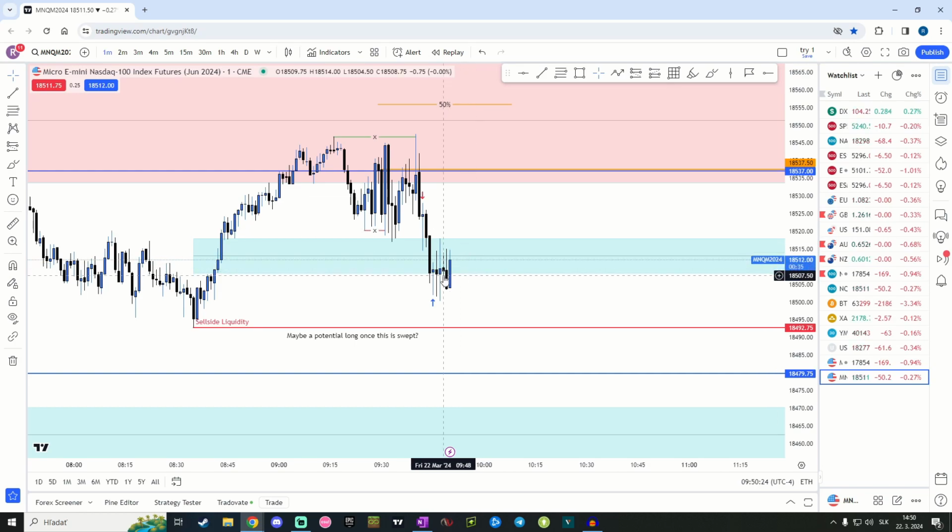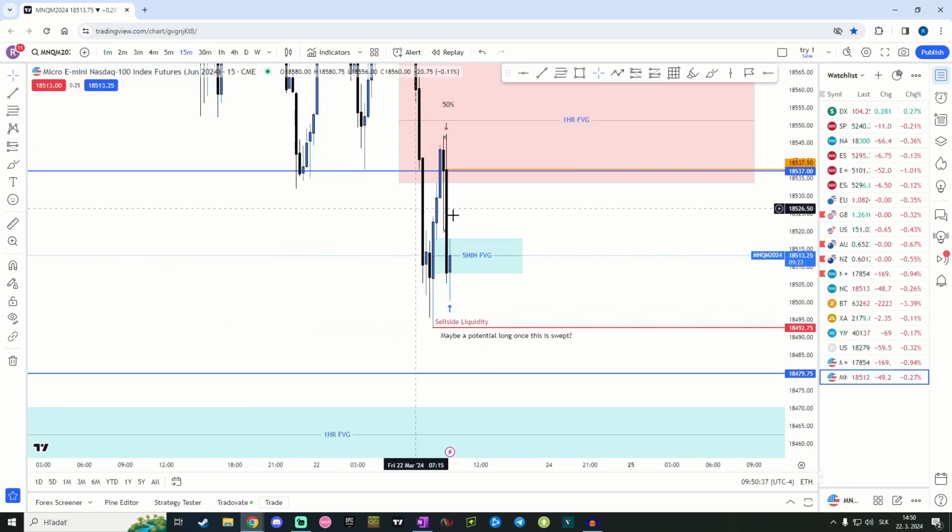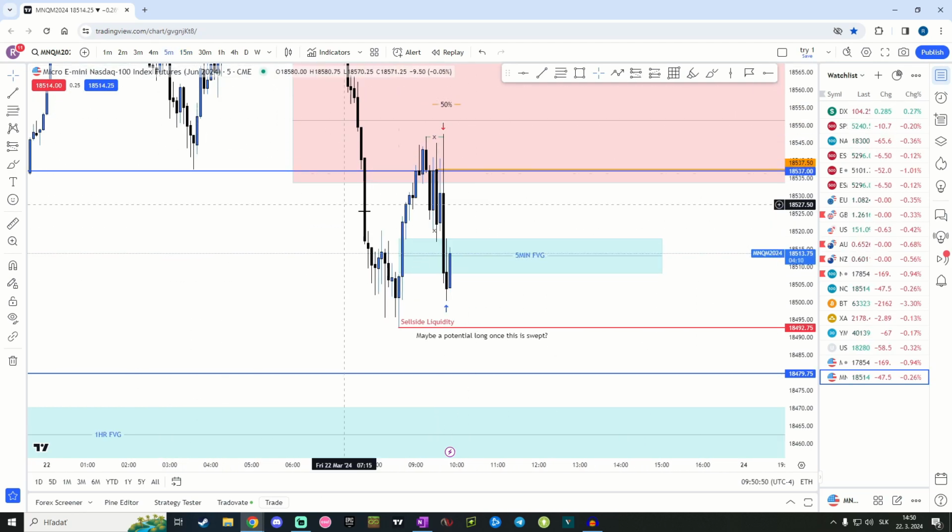So I really like how the candle here closed below also the midpoint of these candles. But seeing how it goes back up and sweeping this high, that is really not nice. And maybe respect this order block. There's also a 5-minute fair value gap here.